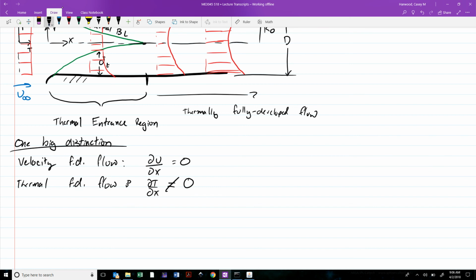The way we define a fully developed flow then is as such.